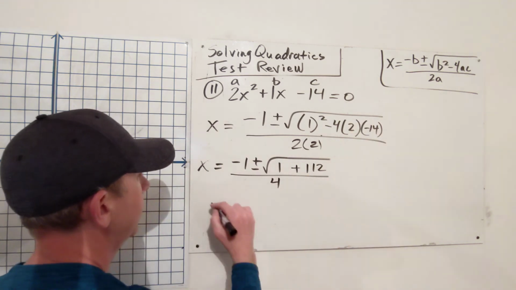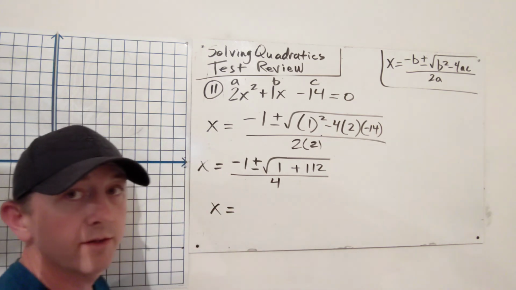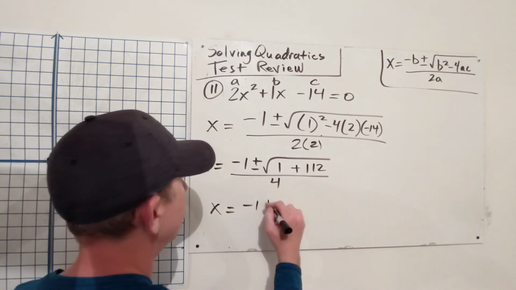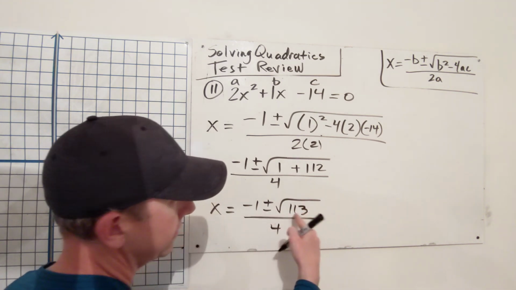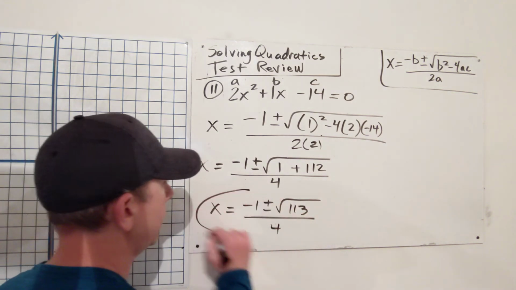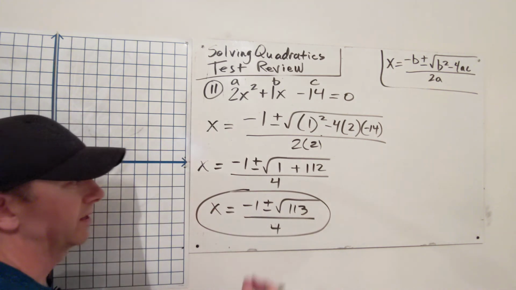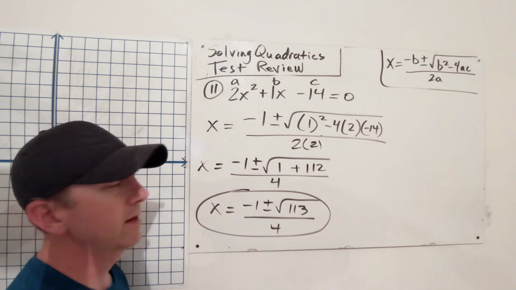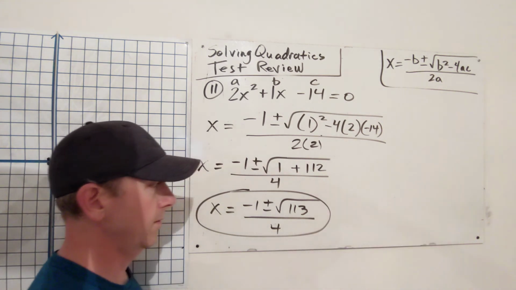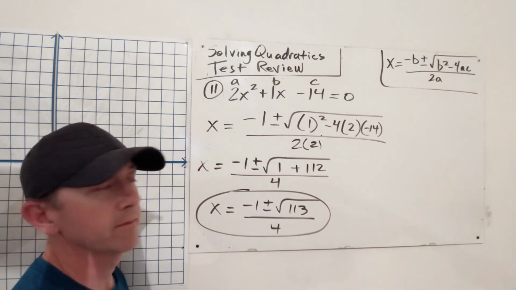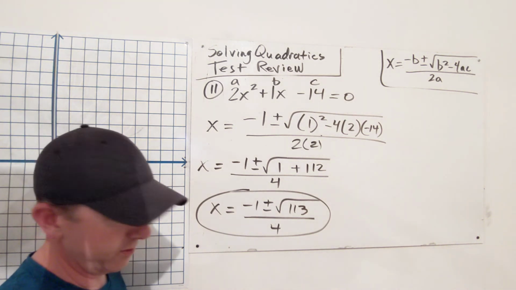Now this one works out nice at the end. And it looks kind of ugly, but it's nice because negative 1 plus and minus the square root of 113. We actually can't do anything with that, so we just get to stop. That's our answer. So if this were a perfect square, like the square root of 100, then you'd have to keep simplifying a little bit more, but there we just get to be done. Okay? So there is number 11.